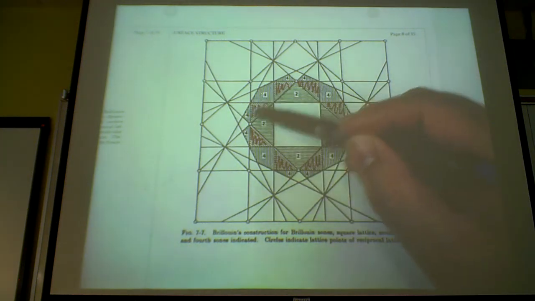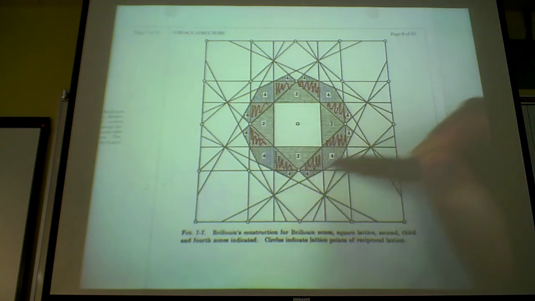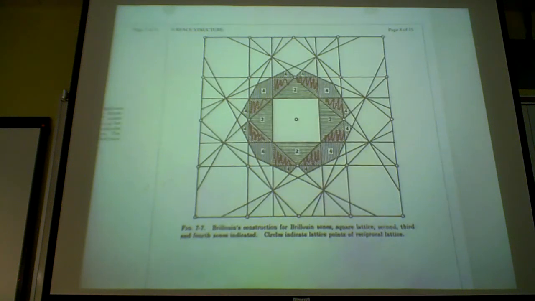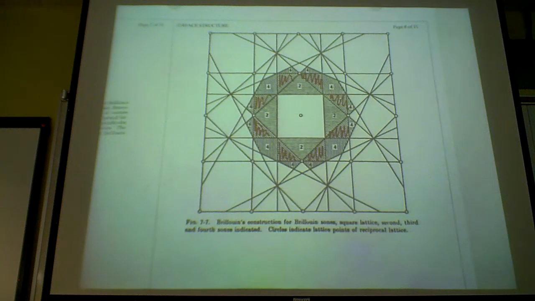And the fourth Brillouin zone will be these little hatches like this. So as you go further and further out, the zone is chopped up, but the size of your zone is always the same between the first, second, and third. And that is important because this introduces the idea of periodicity into the crystal, but in reciprocal space in terms of Brillouin zones.